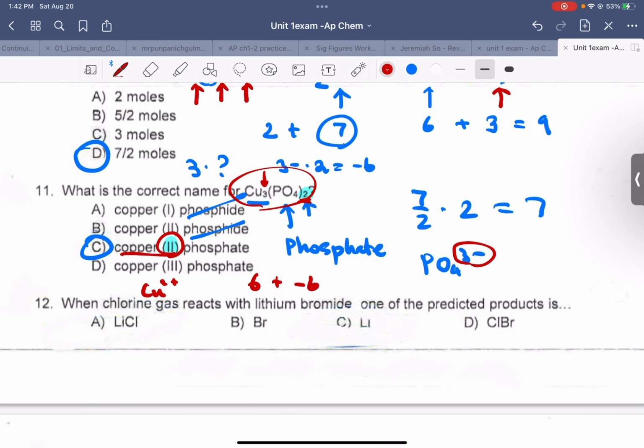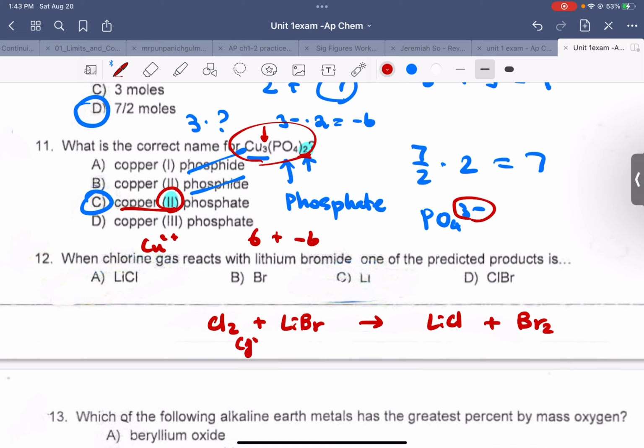Now, when chlorine gas reacts with lithium bromide: chlorine gas, Cl2, like fluorine gas and bromine gas, make sure you put the 2. It cannot be just one element. It should be Cl2 plus lithium bromide. When you combine, that should be lithium chloride plus bromine, and bromine also should be Br2.